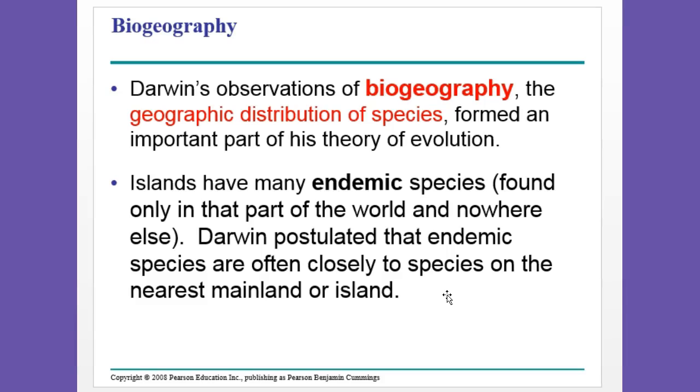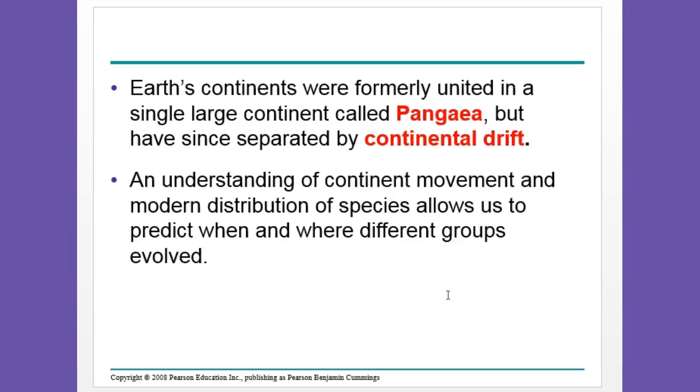Biogeography. Darwin's observations of biogeography, the geographic distribution of species, formed an important part of his theory of evolution. Islands have many endemic species that are found only in that part of the world, nowhere else. Darwin postulated that endemic species are often closely related to species on the nearest mainland or island.